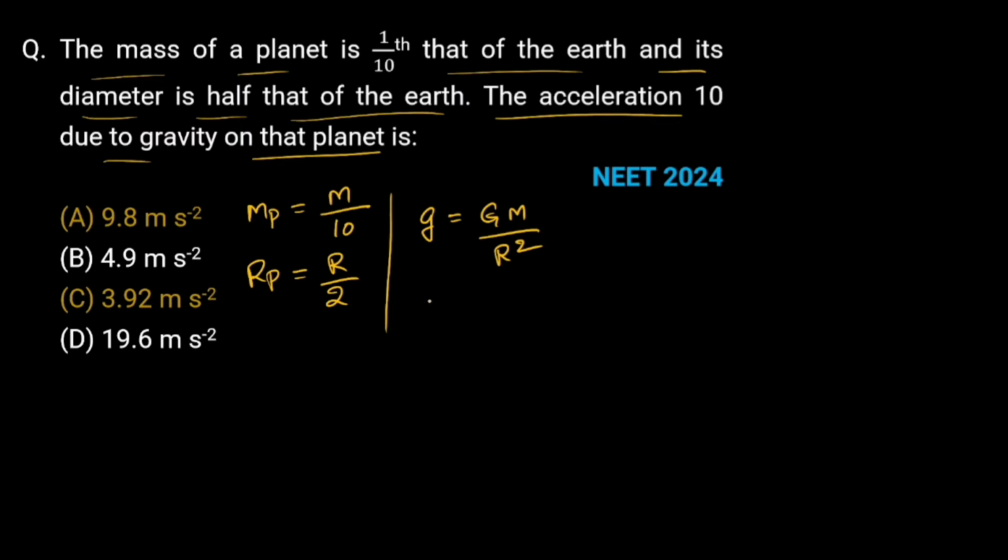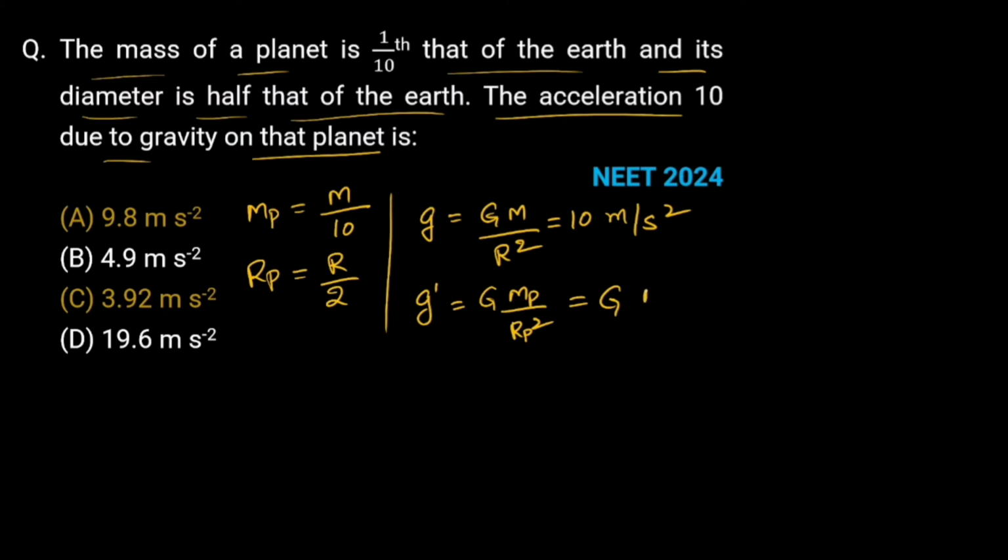Now, g dash on the planet equals G Mp by Rp whole square. It is equal to g, of course this value is given as 10 meter per second square.